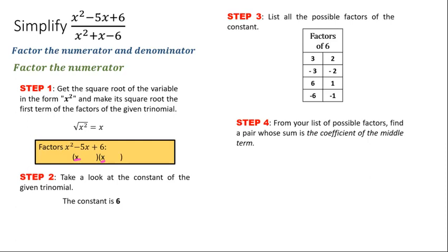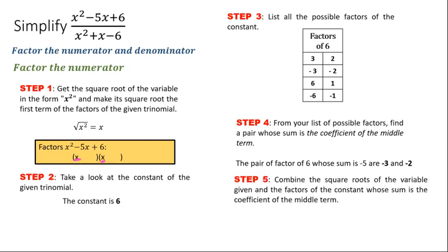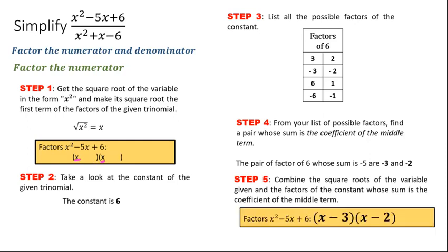Na kung titignan natin yung table kanina, the pair of factors of 6 whose sum is negative 5 or negative 3 and negative 2. And since yan yung ating factors na ang sum is yung coefficient natin na middle term, therefore, yung negative 3 and negative 2 yung ating i-combine with the two x kanina, kaya magiging x minus 3, x minus 2.